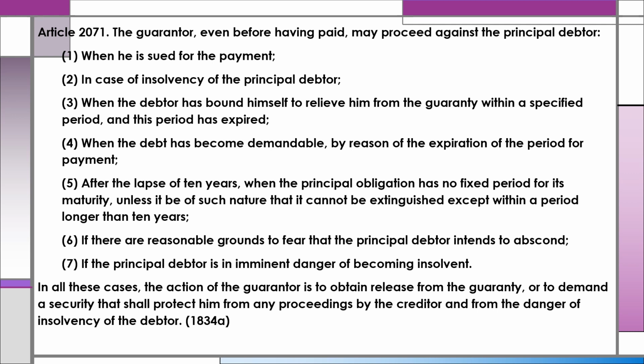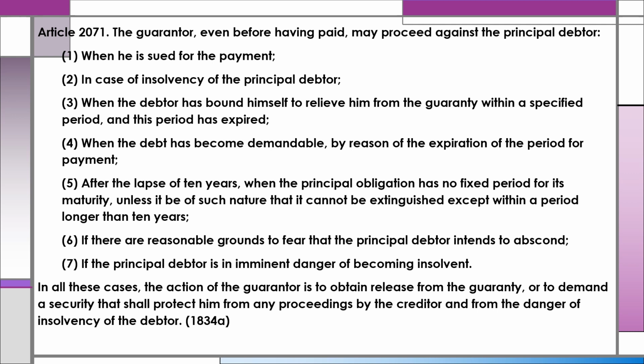Number 5, after the lapse of 10 years, when the principal obligation has no fixed period for its maturity, unless it be of such nature that it cannot be extinguished except within a period longer than 10 years. Number 6, if there are reasonable grounds to fear that the principal debtor intends to abscond. And number 7, if the principal debtor is in imminent danger of becoming insolvent.